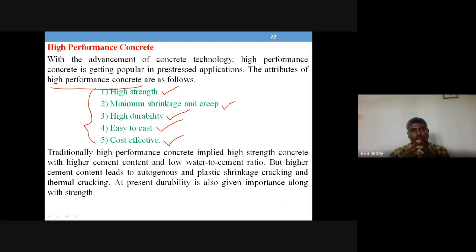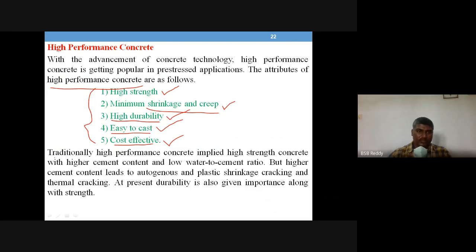So high performance concrete will have the property of high strength, and in addition to that, minimum shrinkage and creep. Creep and shrinkage will be minimized, durability is enhanced, casting is made easy, and it is cost effective.